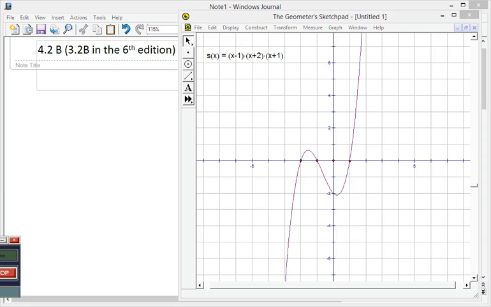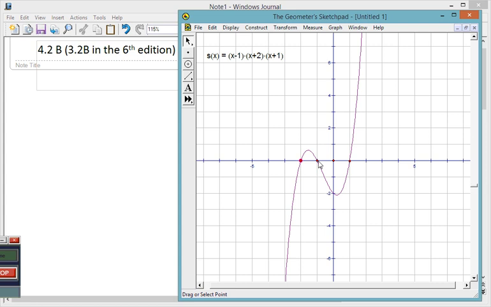So here's a polynomial function, and what we want to talk about are these places right here where the function equals 0. If the function equals 0, then that point on the x-axis is called a zero of the function.